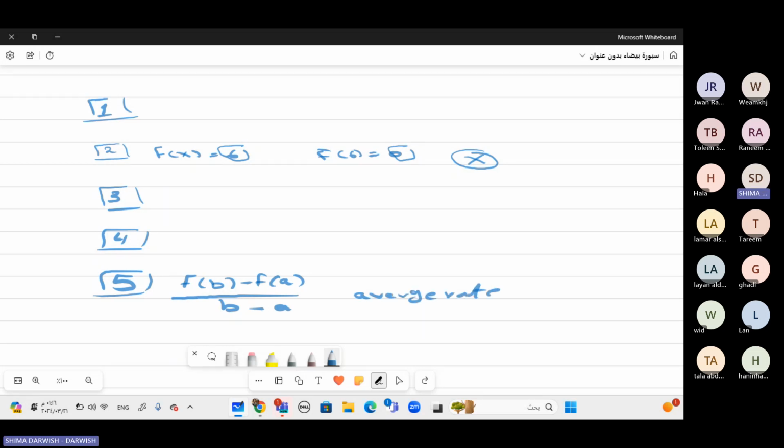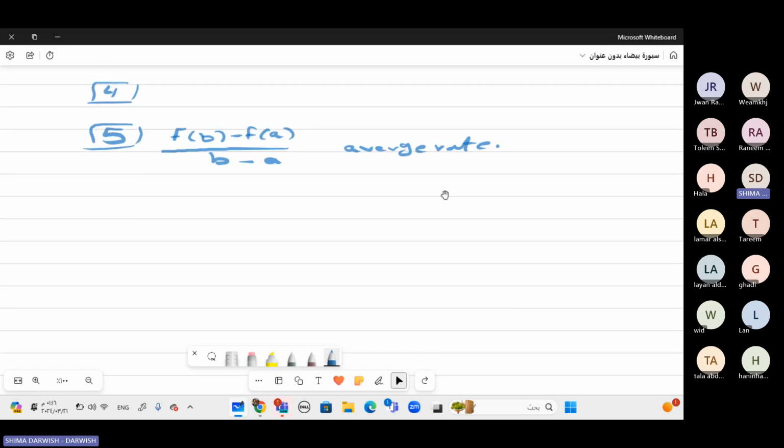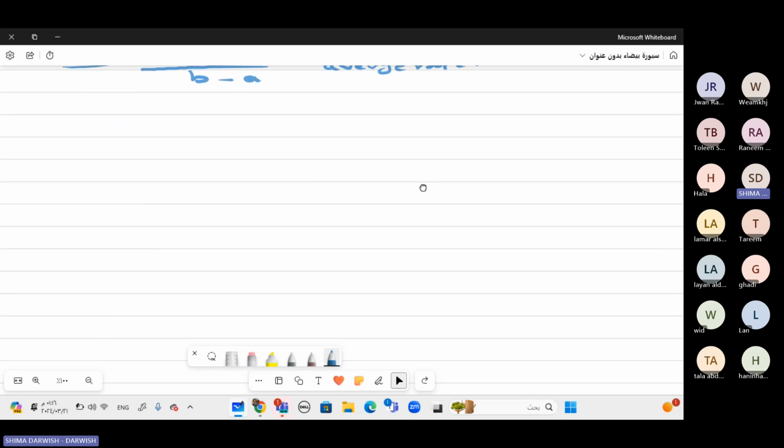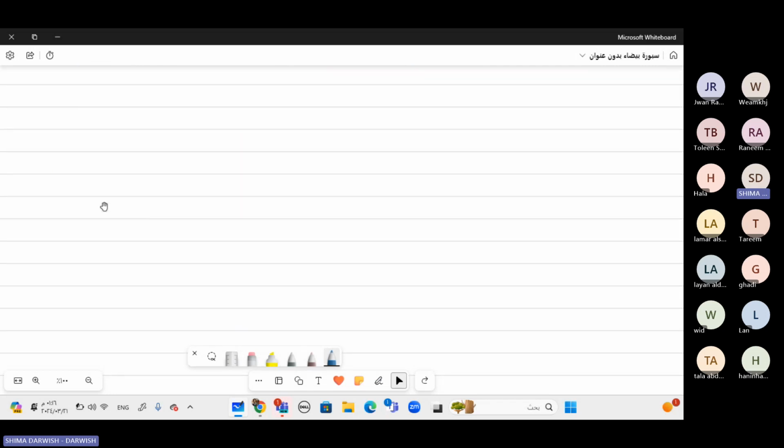Okay? I will solve quickly with you an exercise on maximum and minimum, and pay attention to an important point. If we have the function 3 plus 3t minus 3t squared, this is the function.